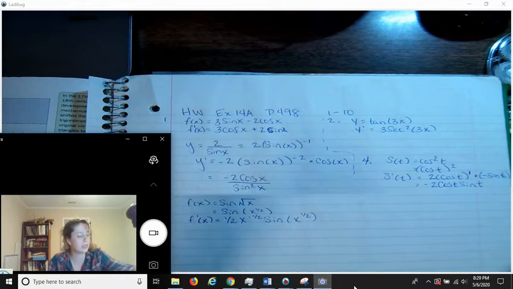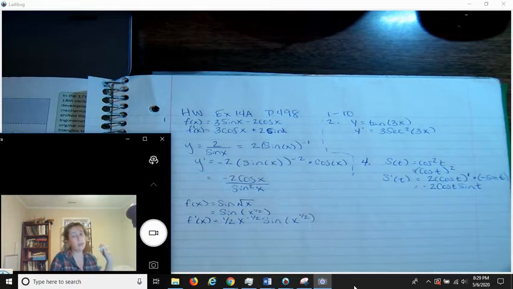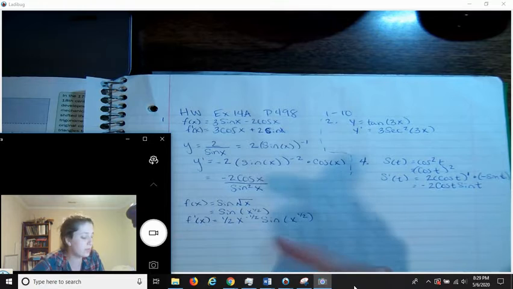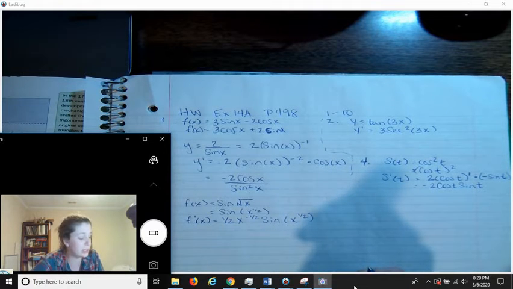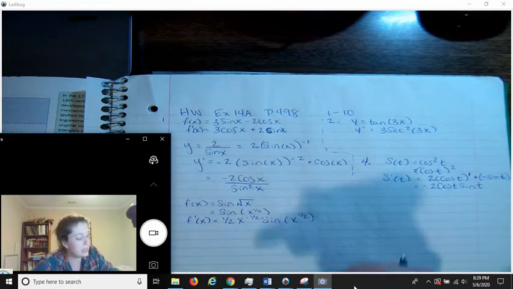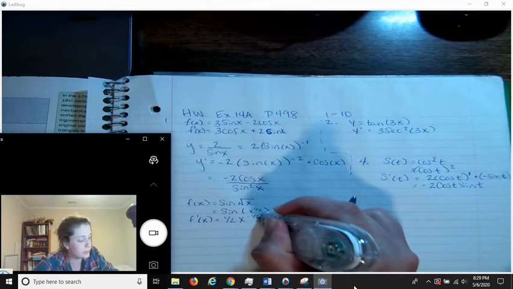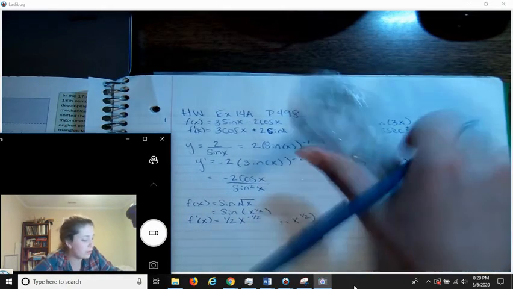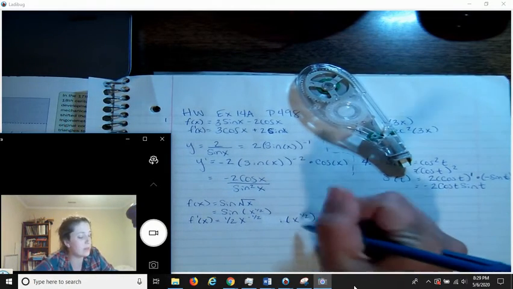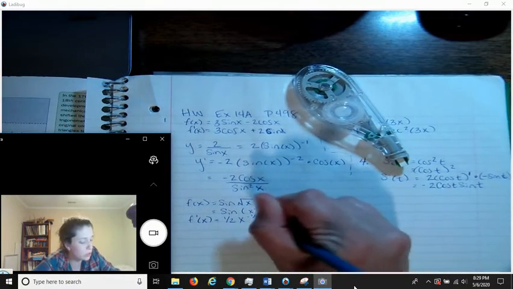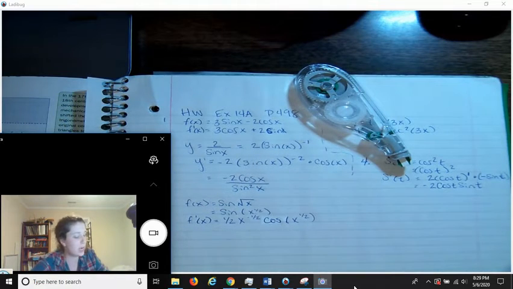I think I did. Chain rule, it gets you, I'll give you that. So I took the derivative of the inside and put it out front. And then we have to take the derivative of our outer function and keep the inside the same. The derivative of sine is cosine. Sorry about that.